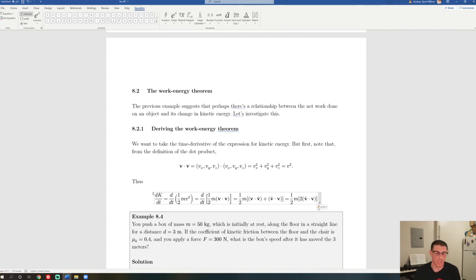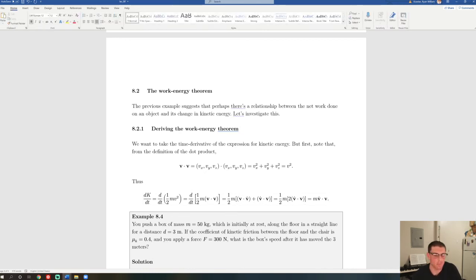And so we see that the 1/2 in front cancels with the 2 inside the square brackets, and this works out to just be m v dot v, like that, okay?